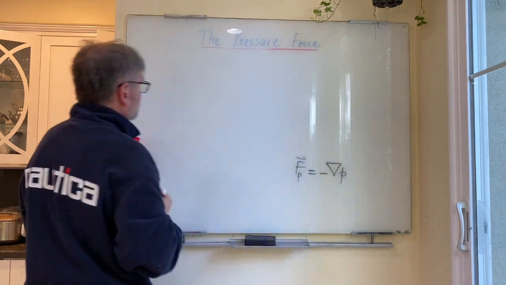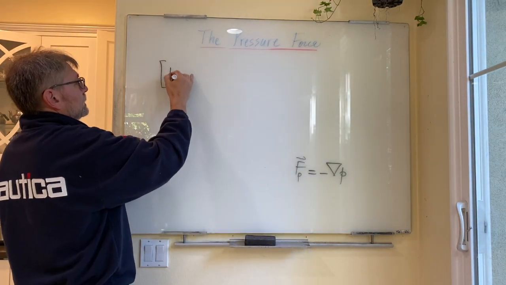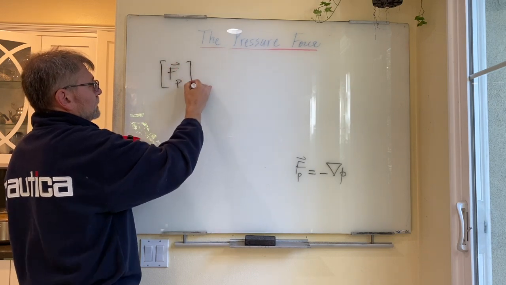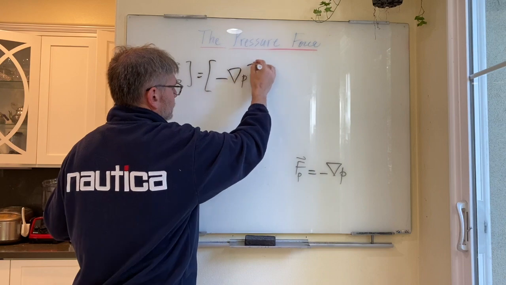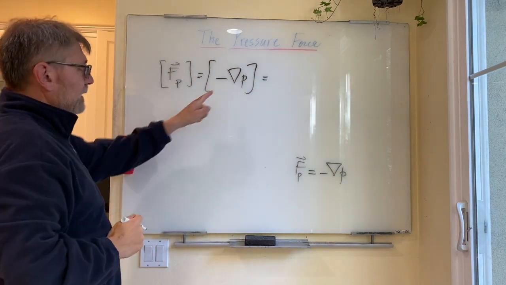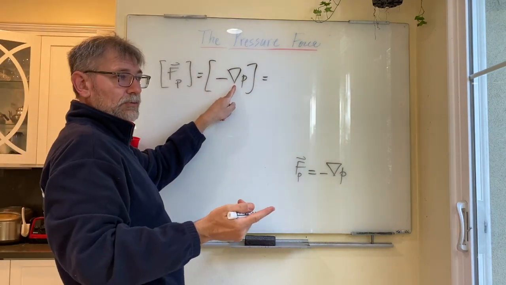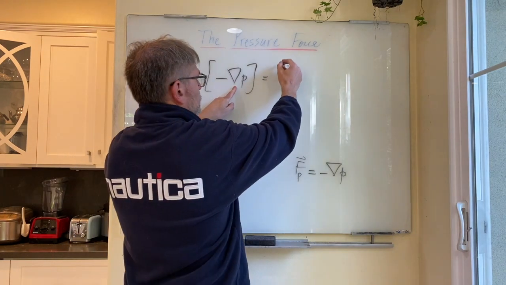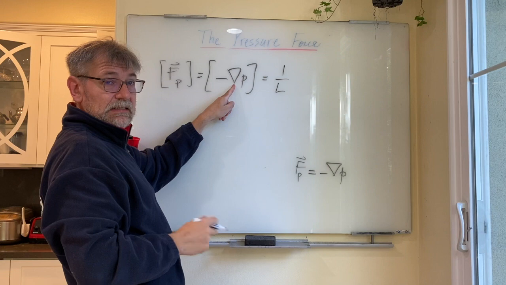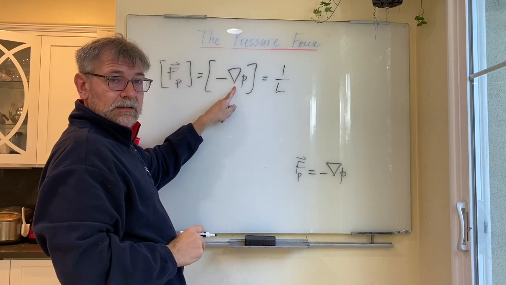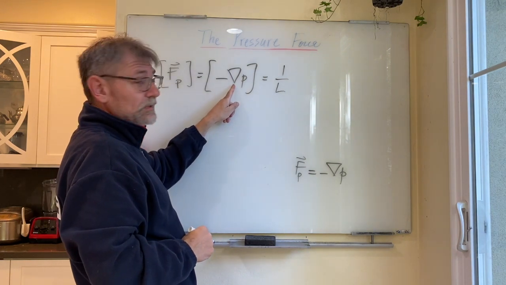So the dimensions of the pressure force, right, is going to be equal to the dimensions of minus the gradient of the pressure. And so the gradient has the units of inverse length, right? So this will be 1 over length from the gradient, because it's like d by dx or d by dy or d by dz. And all those have units of inverse length.